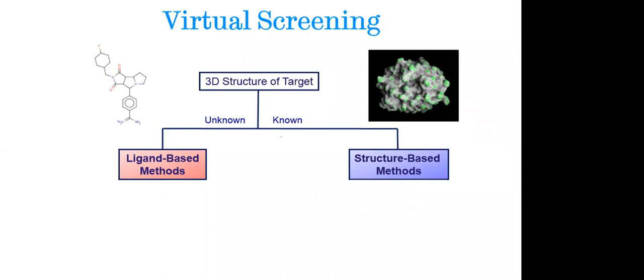Known active sites or binding sites will be there, or we can get all the possible residues involved in ligand interaction from the crystallographic structure, co-crystallized with the receptor. So all this information is known, and with respect to the structure we search for compounds. This is the structure-based virtual screening method.